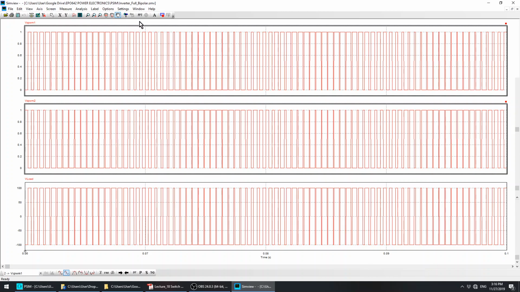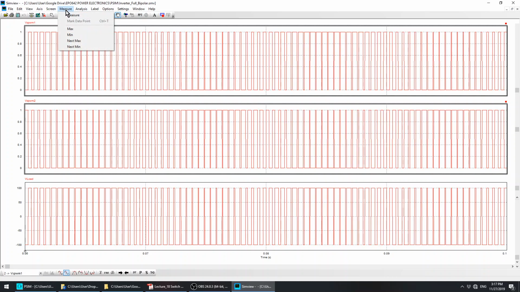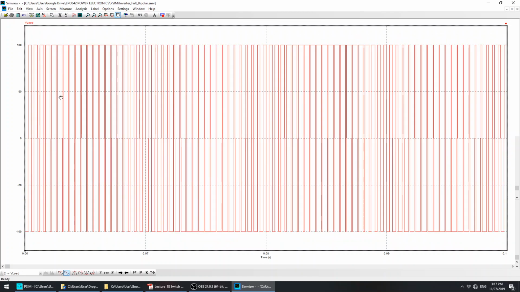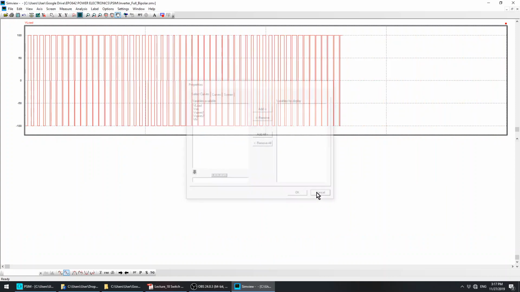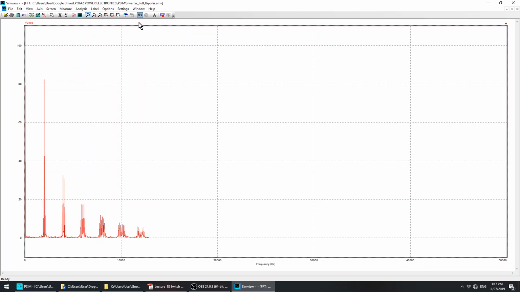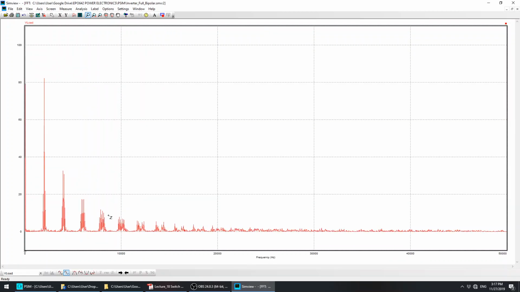So again, if you click this FFT button, I must remove the SPWM waveform signals, delete the screen, and delete this screen as well. And now this is solely the load, right? Then you just hit this FFT button, and you can see, look at that.